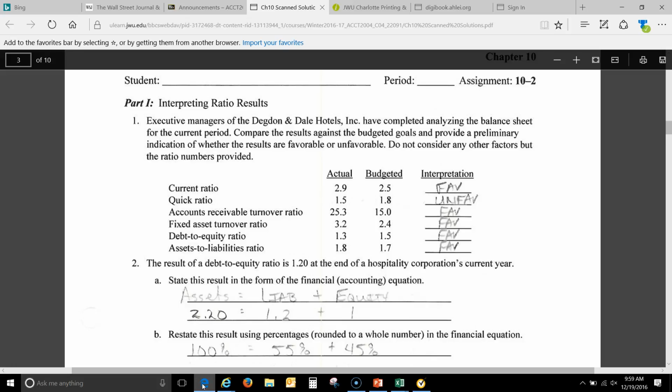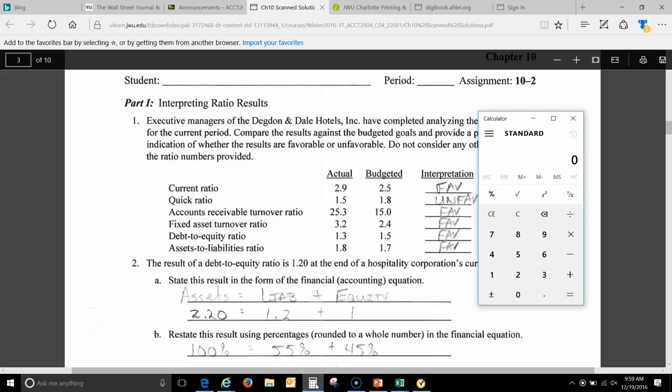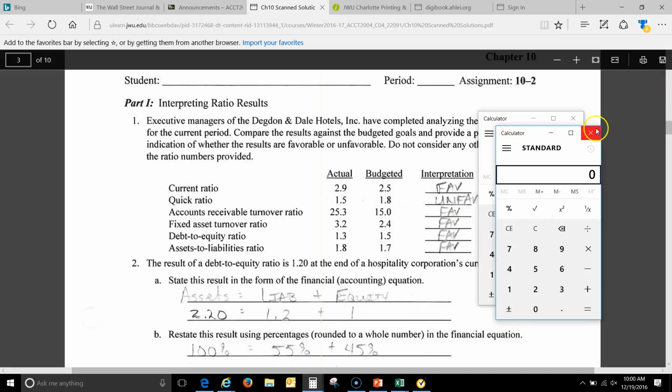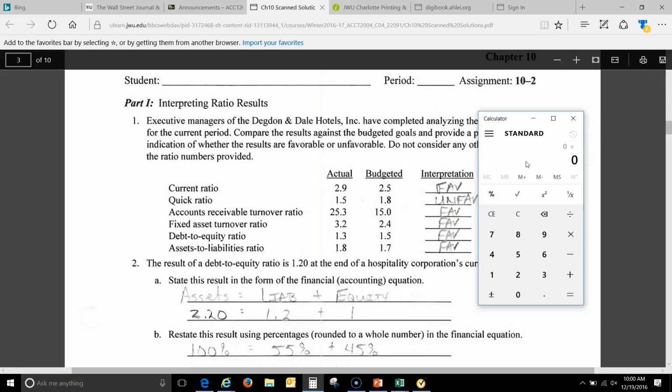Favorable, right? Because think about what we're looking at there. If we're looking at accounts receivable turnover ratio, if we budgeted 15, then 15 ends up being 365 divided by... my calculator doesn't want to work. There we go.